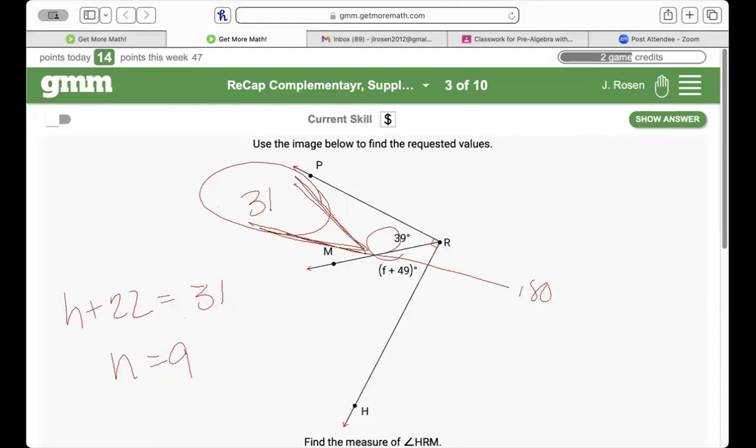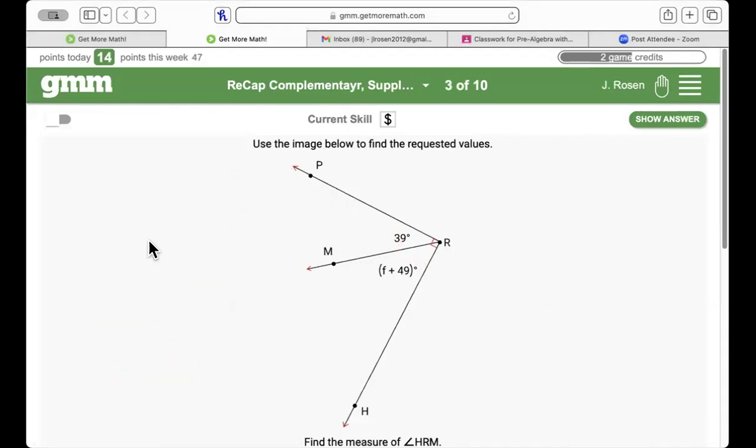Okay. Let's see what else we see here. Again, this one equals 90. So I would just go ahead and put 90 minus the 39, and it'll tell us what this other angle equals, which is 51. So this arc equals 51.